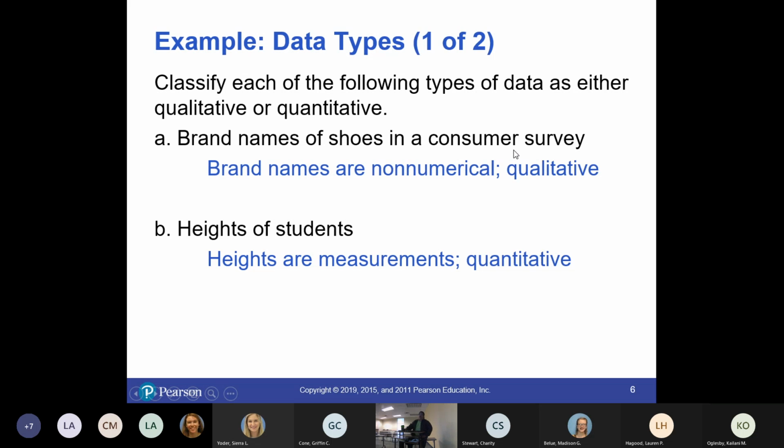You can write those down with your other examples that I gave you a while back. Qualitative, that's name of shoes, which is very, very important to you becoming a better person. And heights of students, that's quantitative. Next.